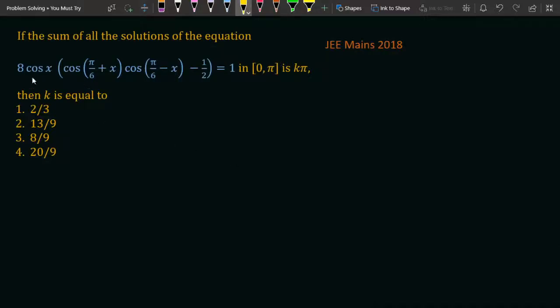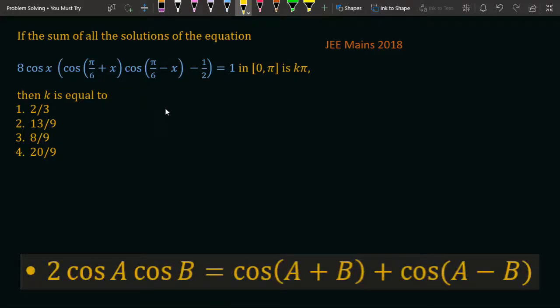Here you can see this is the equation we have, in which there is a parenthesis, and the product of the first two terms is inviting us to apply an identity: 2 cosine A cosine B is equal to cosine A plus B plus cosine A minus B. What do I mean?